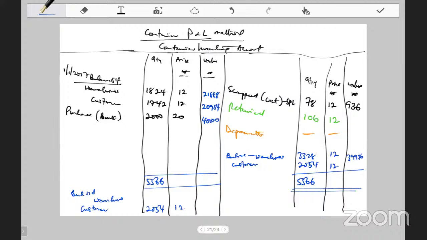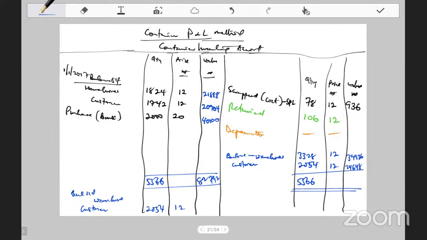Then 2054 times 12 gives me 24648. Okay, 21888 plus 20904. Is it 984 or 904? It's 904. Okay, 904.